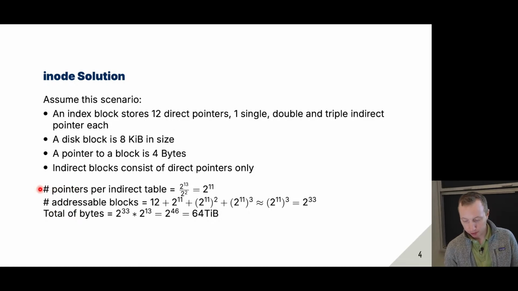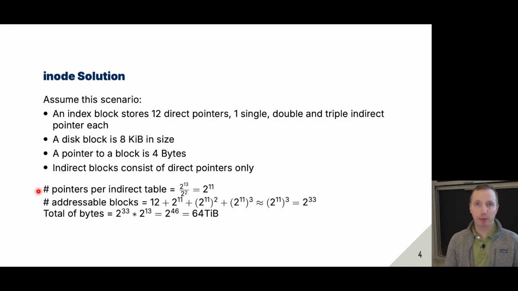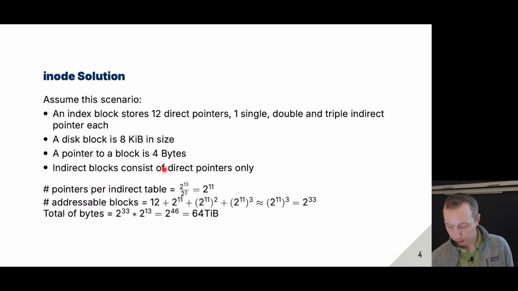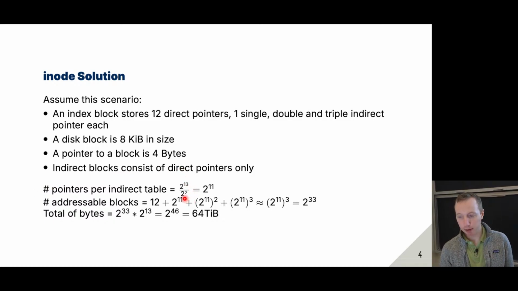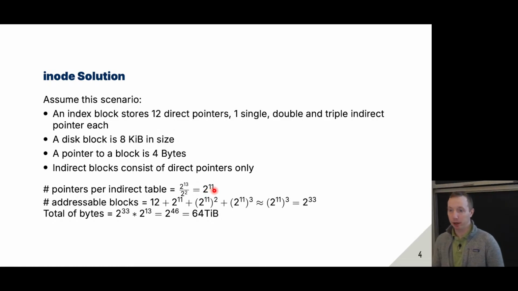Same as before, we have to figure out how many pointers we can fit on a single block. That would be the block size divided by the size of the pointer. That gives us 2 to the 11, like we had before.